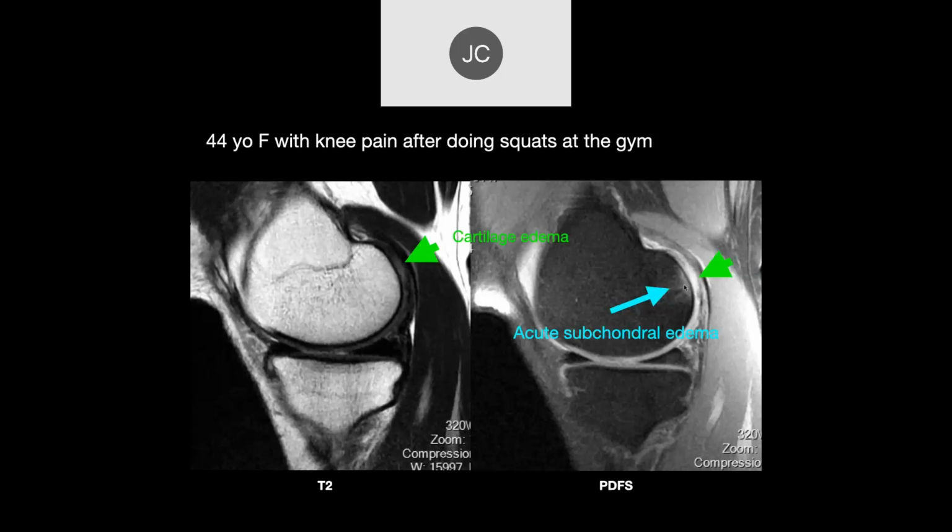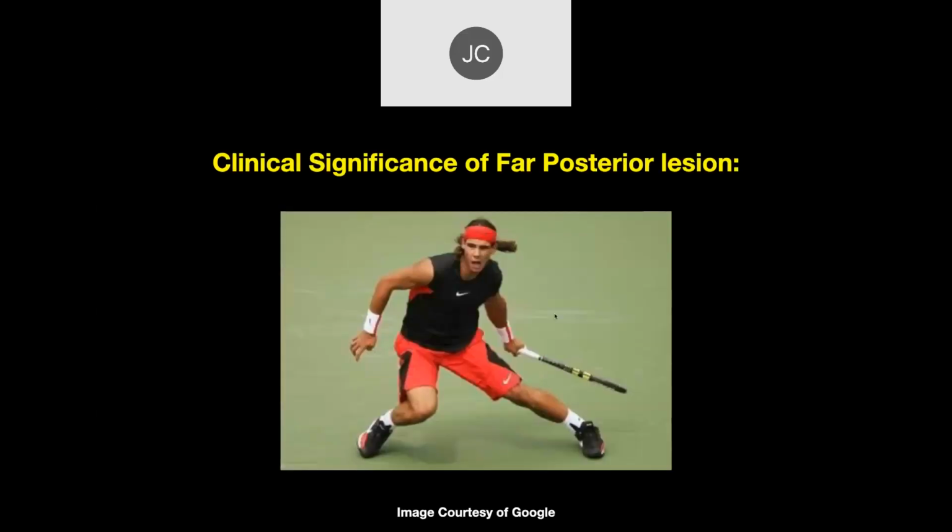Now, is this important? I mean, is this something that we should be concerned about? And I just want to show you, this is the point in the knee where you actually have the maximum force between the femoral condyle, often in the cutting phase, especially in something like tennis, where you're going in one direction, you plant the foot, you flex the knee, and then you push off to go in the opposite direction, producing a tremendous amount of force through the knee.